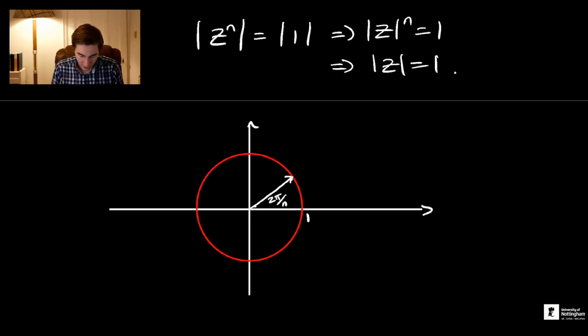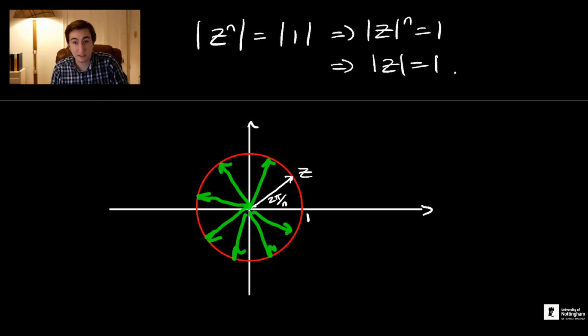Well, if I'm going round the full circle here, that has angle 2 pi. And I've got to have the property that when I raise it to the power of n, I should get back to 1. In other words, I should get all the way around the circle. So if this number here was z, then z squared would take me to here, and z cubed would take me to here, and z to the 4 would take me to here, and I see that it takes me all the way around.